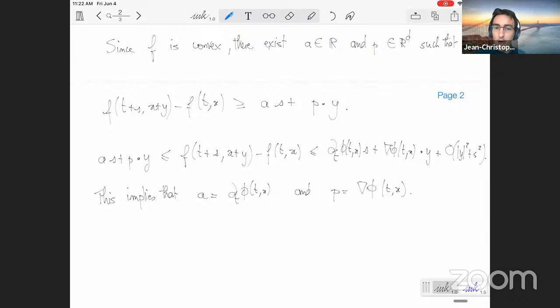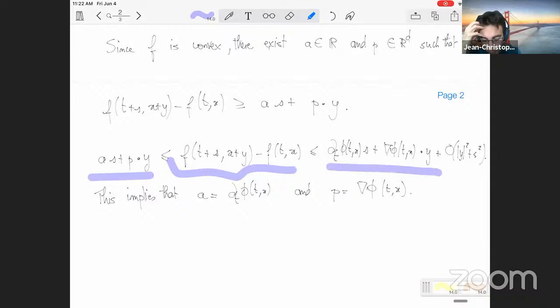Okay, but now I have sandwiched the increment of f between this affine function and this affine function, the same affine function, plus big O. So this shows that f is differentiable at tx.